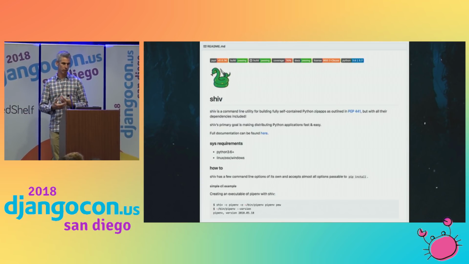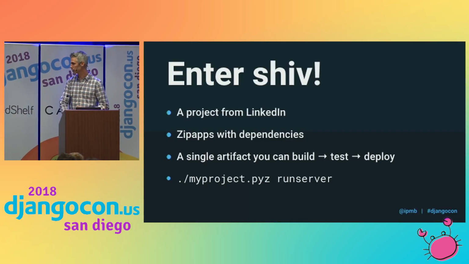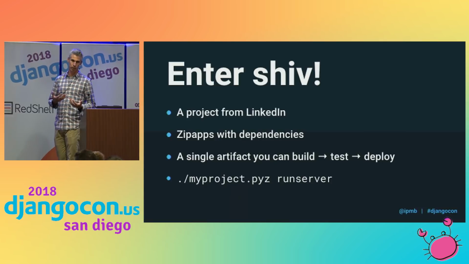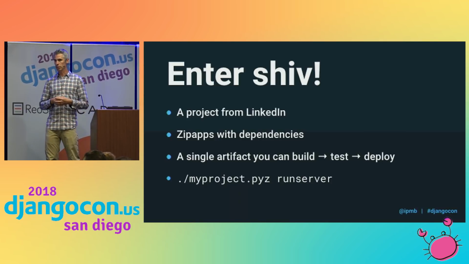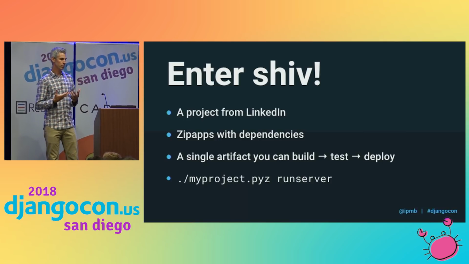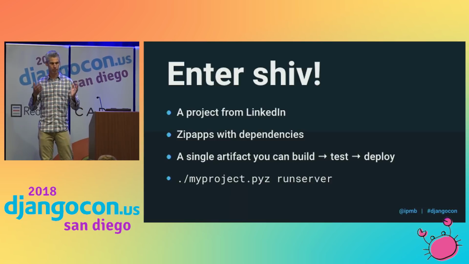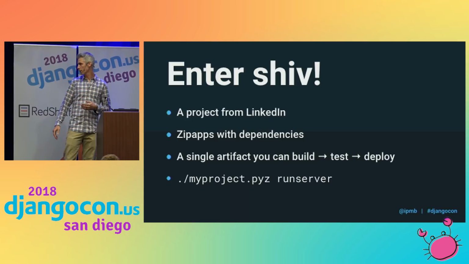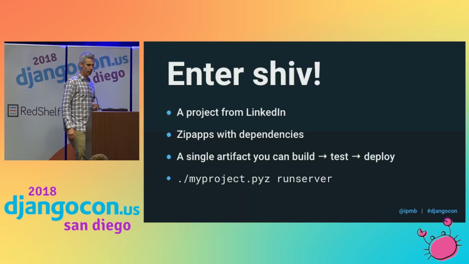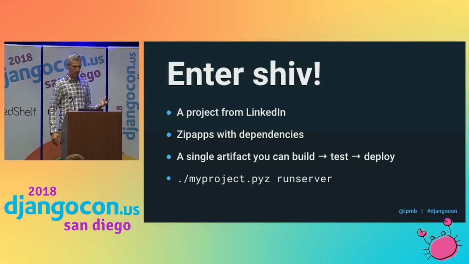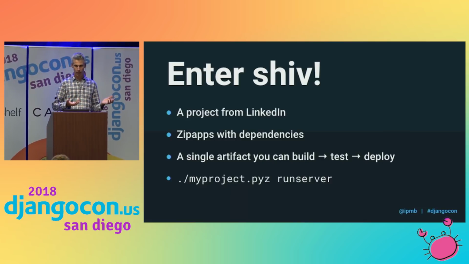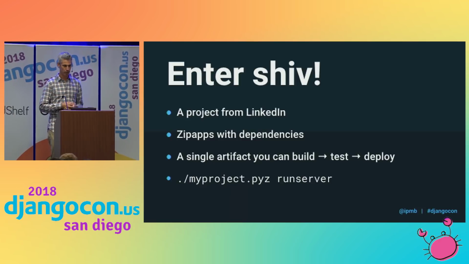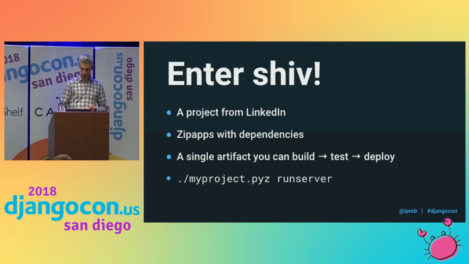It comes from LinkedIn, and it's a way to build these zip apps and include all the dependencies in them. So you can generate a single artifact which you can run through the pipeline: build, test, deploy. The common extension for zip apps is .pyz, so I can create a zip app and then execute it like a binary. I still need Python, but other than that, everything's included.